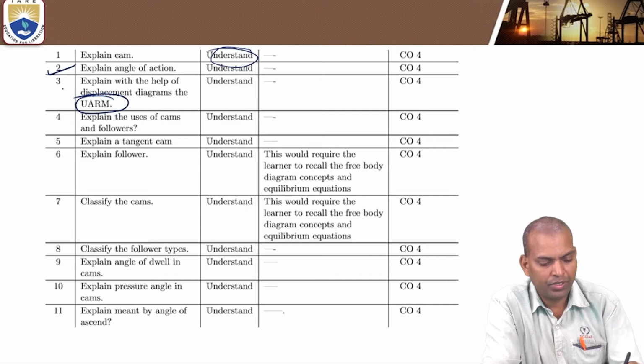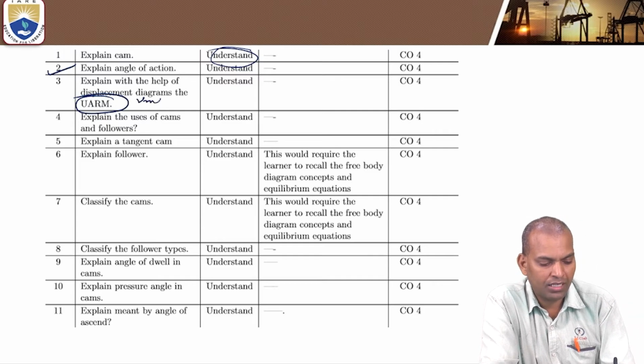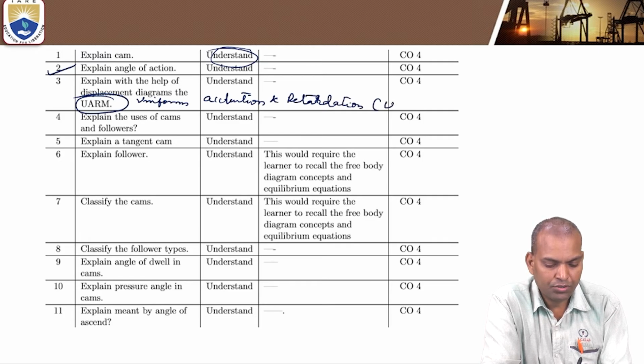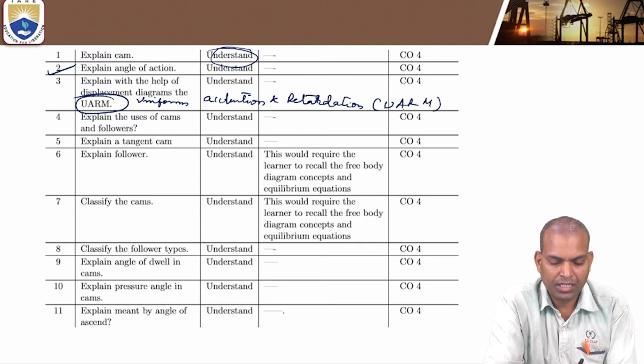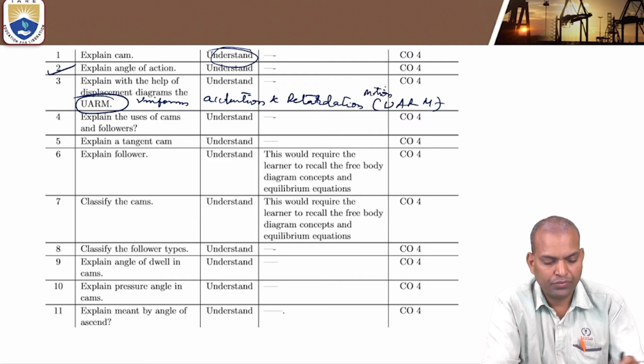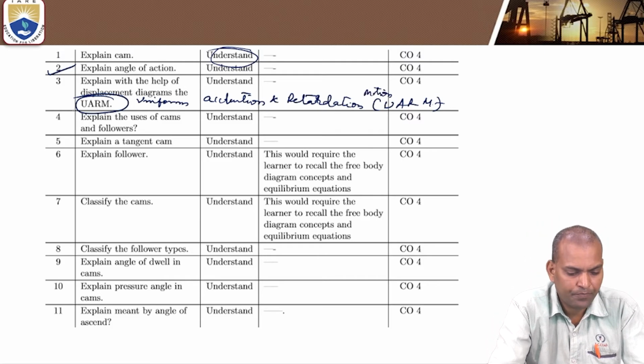It is a short form of uniform acceleration and retardation motion, M for motion. So these are the terms used for the follower motion.